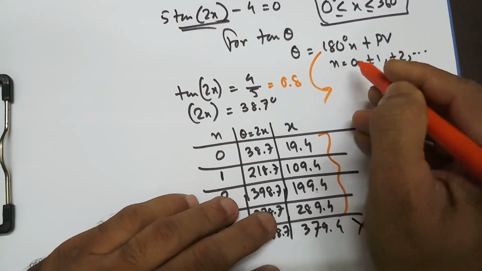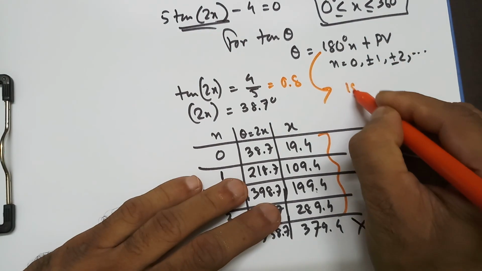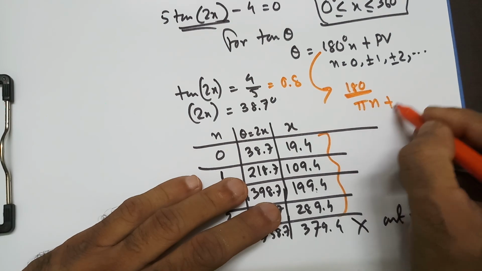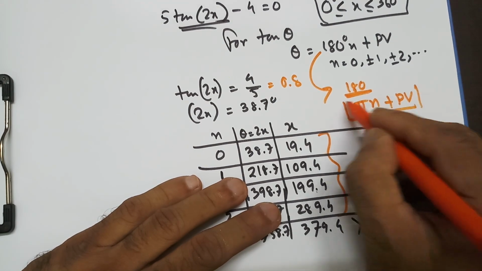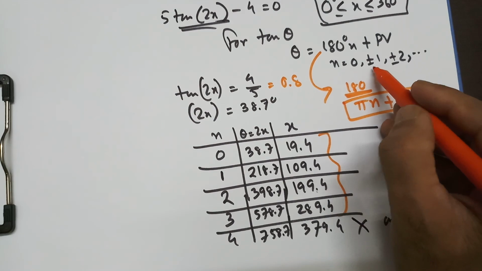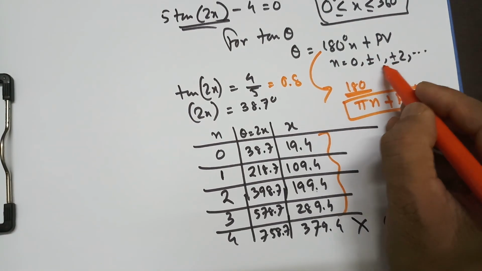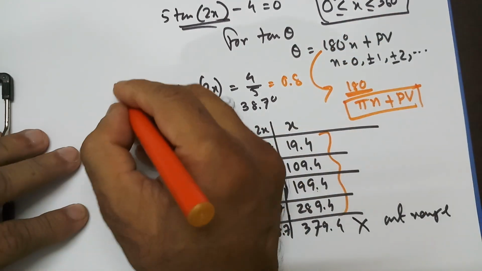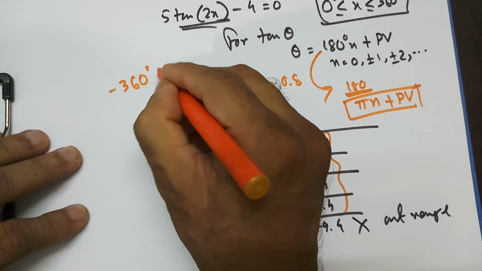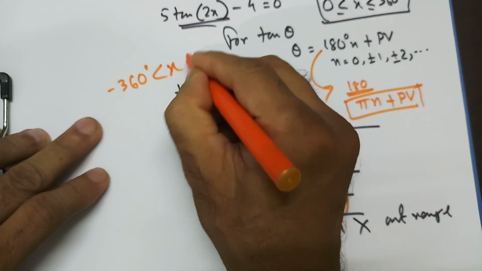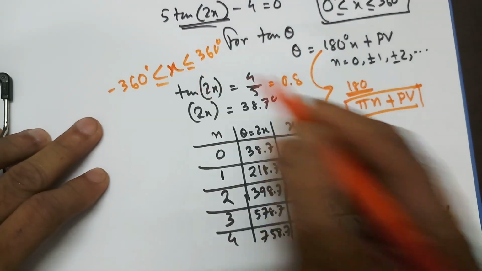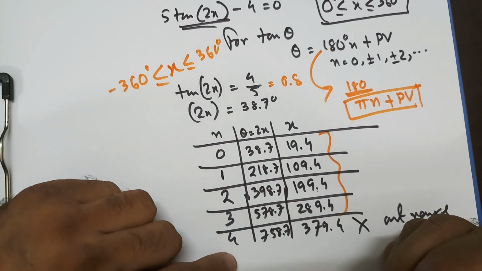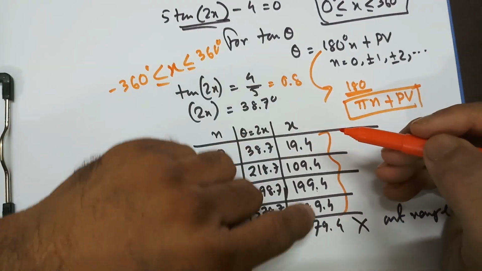And for radians, the formula should be 180 replaced by pi, n pi plus PV, for tan theta. Now see that over here I didn't explain why I have minus. If x's value is asked from minus 360 degrees to 360 degrees, then along with positive values I'm supposed to take negative values too, and I'm going to get negative values over here.